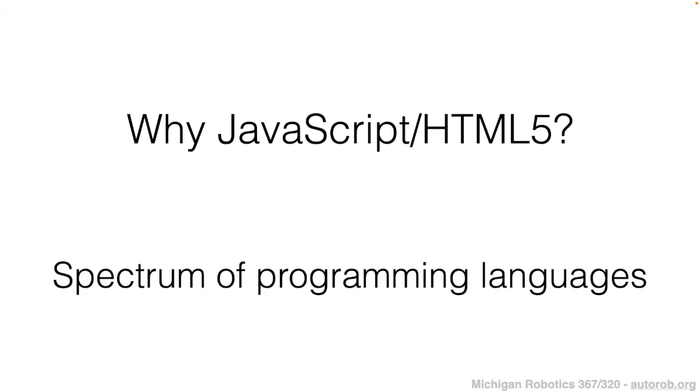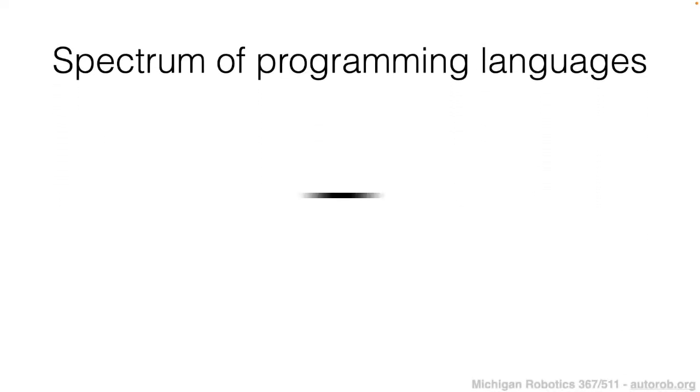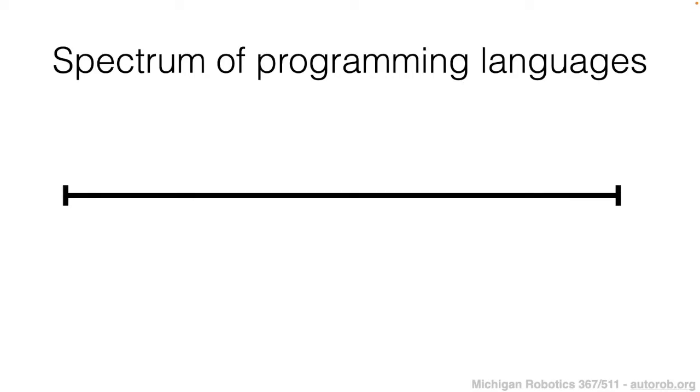If we look at the possible options that we could be using, there really is a spectrum of programming languages that exist, and they all have different features. On one side of this spectrum, we would have C and C++.